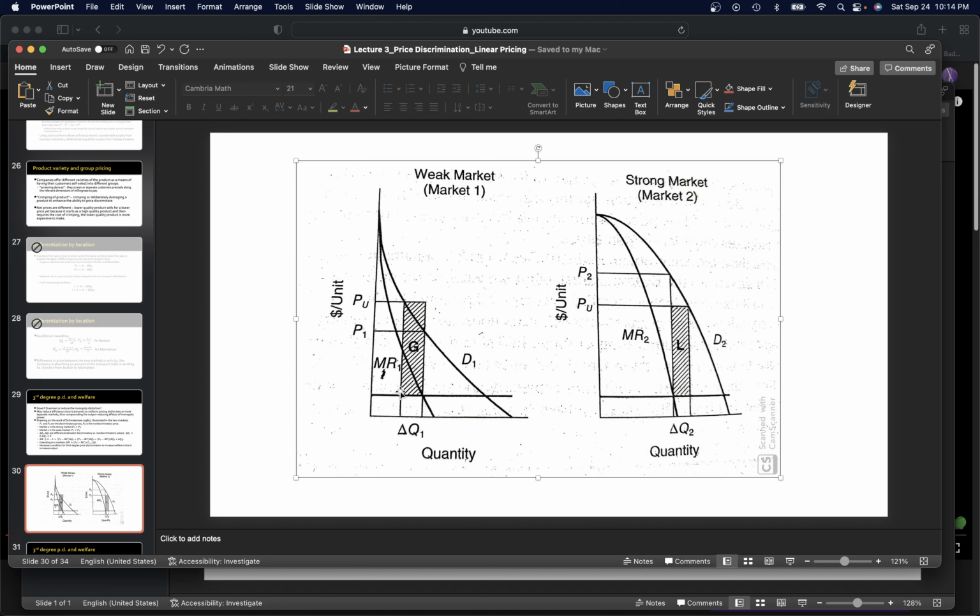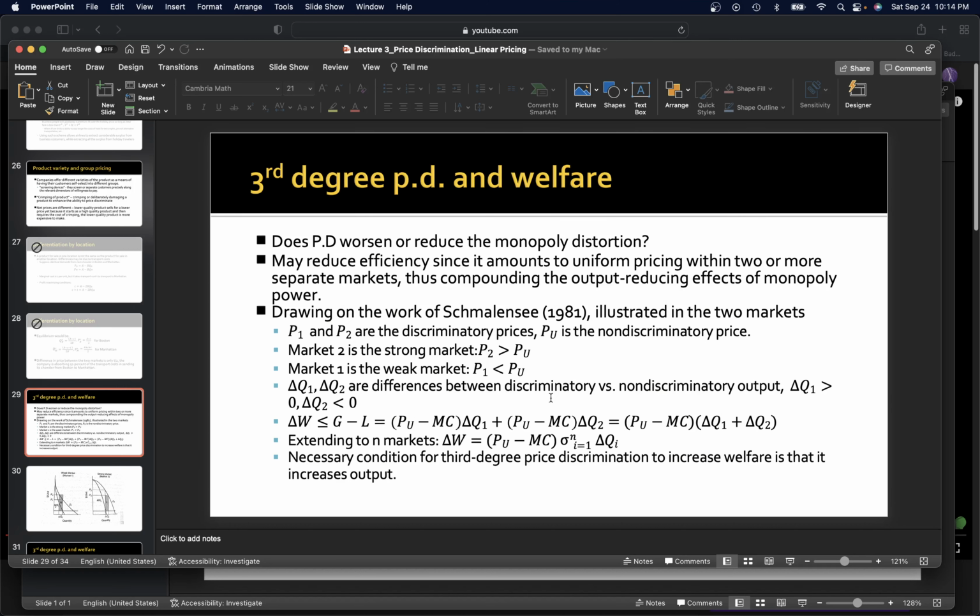Then the height is pu minus mc, times the change in quantity. So these heights are the same for both, and you can see that this product is the same as this. So you can basically add them together and pull out this gap. And if you extend to n markets, then you are summing over the changes in output and multiplying by the same number, which is the gap between the uniform price and marginal cost.